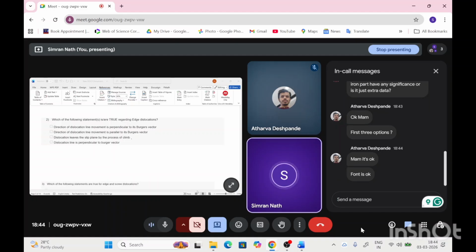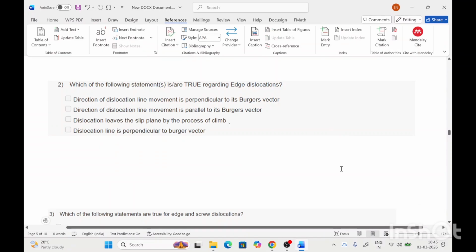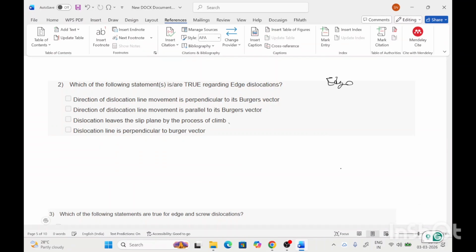So for the edge dislocation, which option is correct? In the dislocation characteristics, I told you that for an edge dislocation the Burgers vector and line vector are perpendicular, and for a screw dislocation both are parallel.